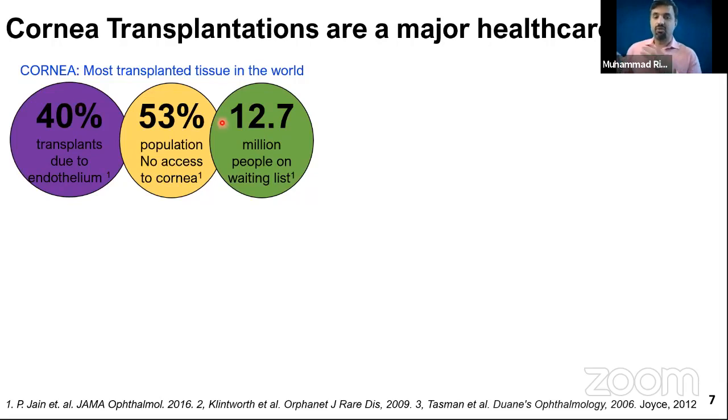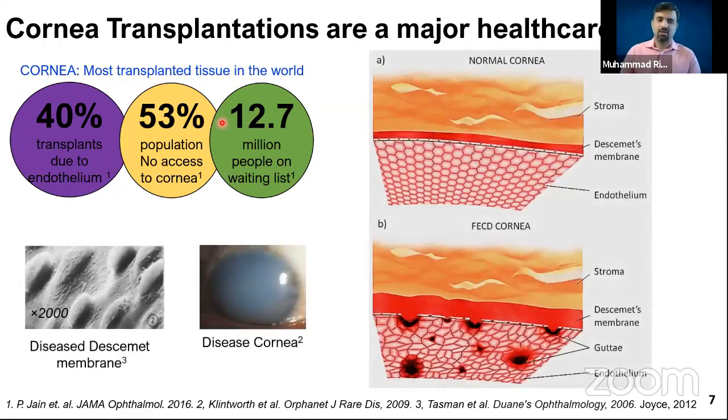Just to give you an idea of the severity of the problem, 53% of the population does not have any access to cornea, because we have a limited number of donors, and the diseases are becoming more prevalent as we get older, the blindness issues are becoming more severe, and we don't have that many donors. So we really need new approaches to make these corneas or tissues in the lab so that we can treat patients.